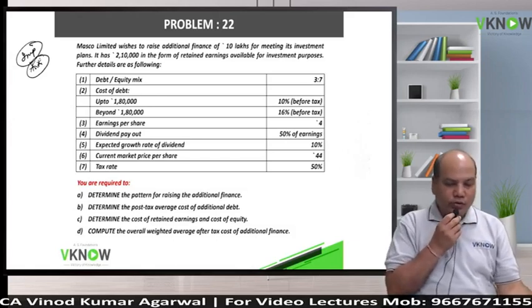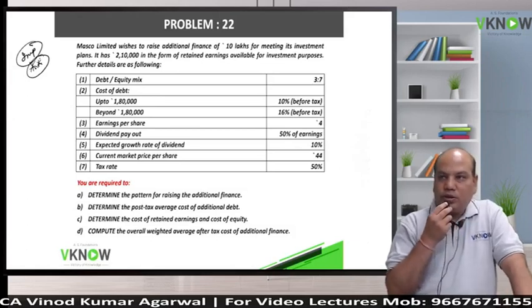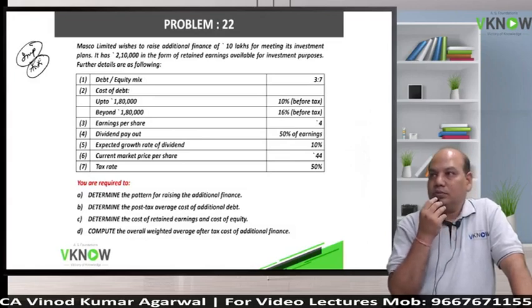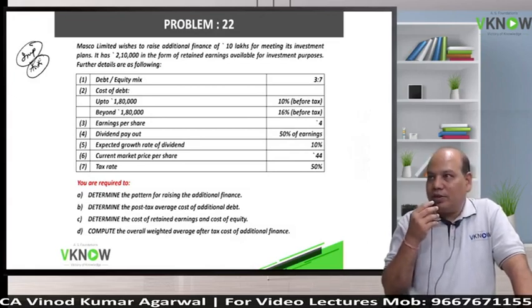additional finance of rupees 10 lakh for meeting its investment plans. So how much funds are required? Rupees 10 lakh. In the previous question, they had said capital investment program. Now they've given the amount of that capital investment program. How much is that?